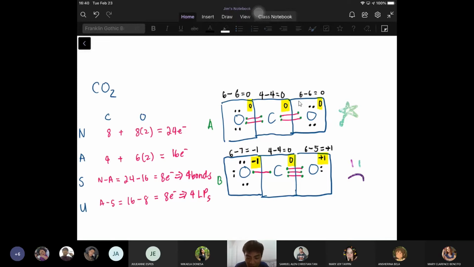So, yun yung isang reason why we rejected molecule B instead of A. Kasi yung oxygen, positive 1. And also, yung A, better talaga to kaysa sa B. Kasi sabi natin, as much as possible, formal charges must be 0. Especially if the molecule is uncharged, no? Hindi siya ionic compound, okay? So kapag walang charge yung molecule, as much as possible, 0 yung mga formal charges, okay?